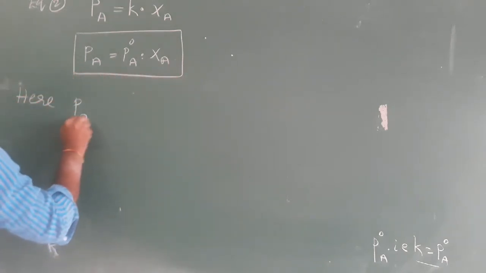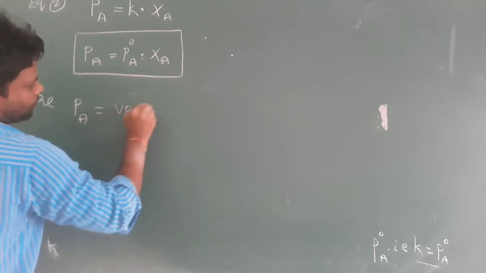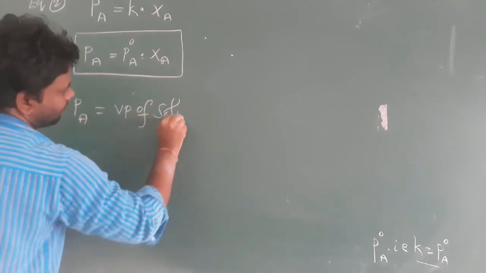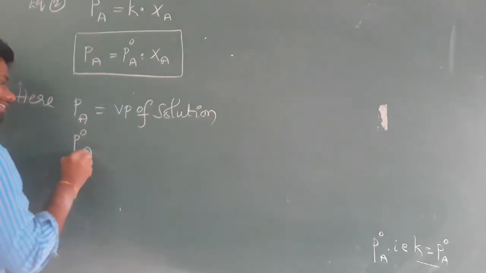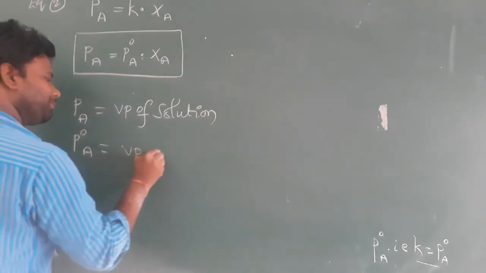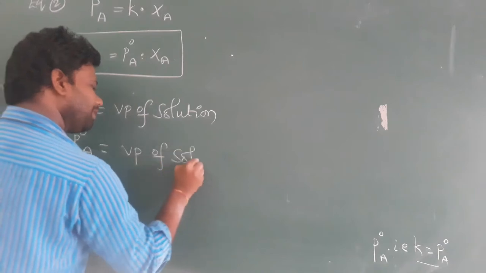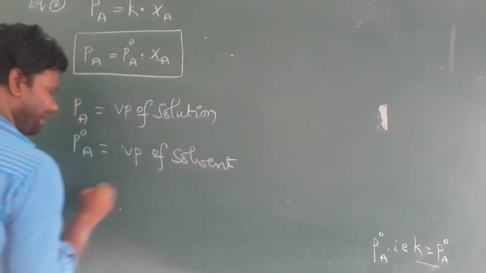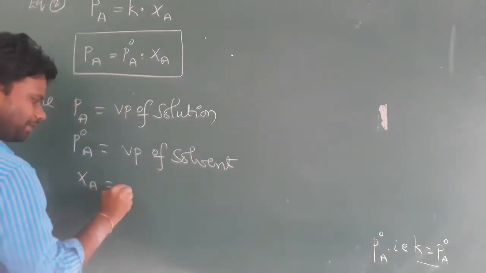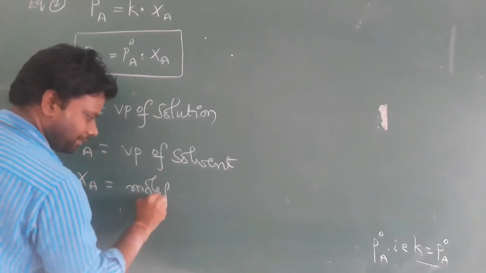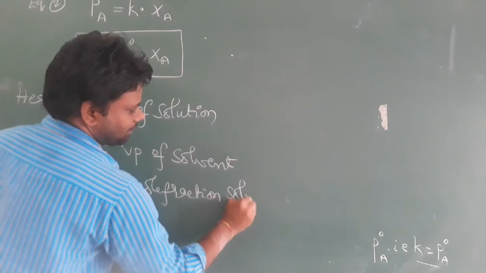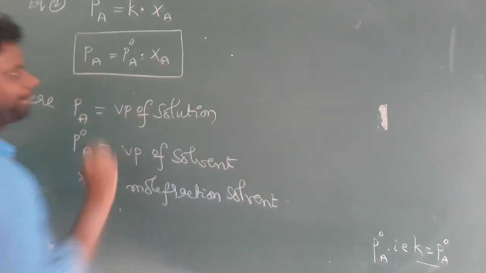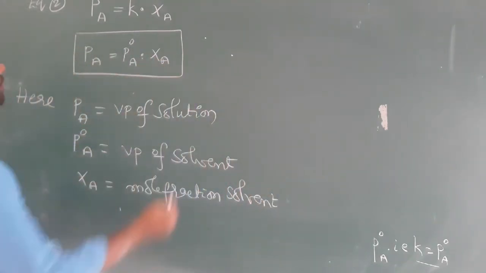Here Pa is the vapor pressure of solution, P naught A is equal to the vapor pressure of solvent, XA is the mole fraction of solvent.